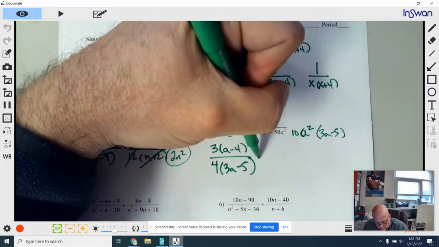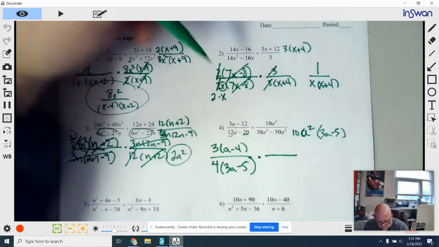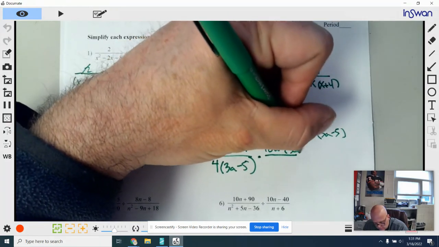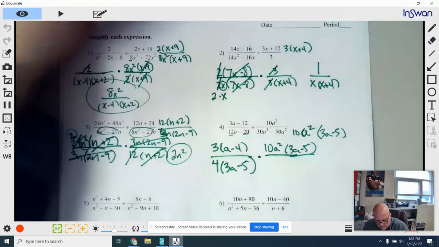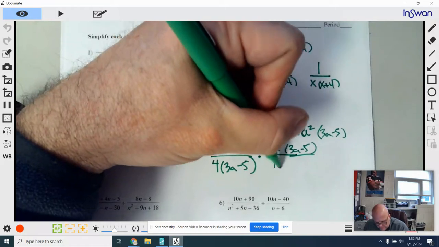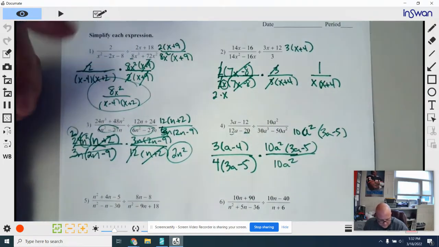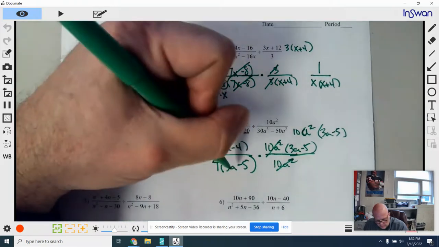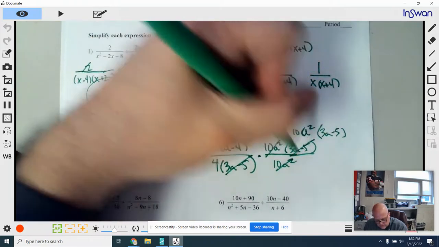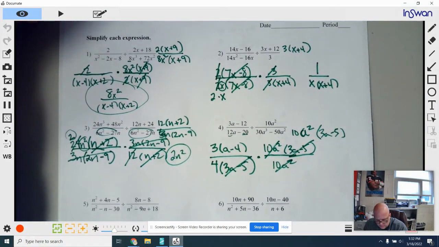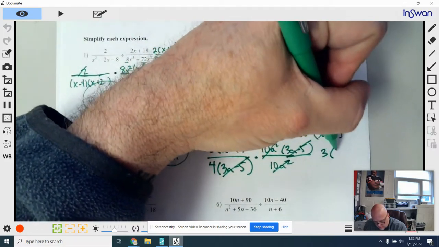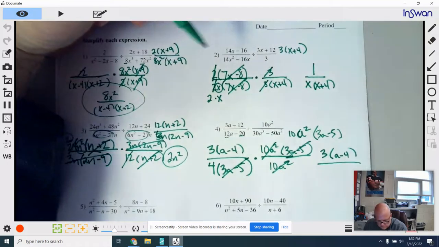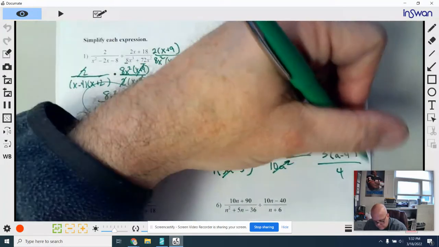So keep, change, flip. 10a squared times 3a minus 5. And then on the bottom, 10a squared. So those 10a squareds cancel completely. 3a minus 5 cancels. And that's it. So I've got 3 times a minus 4 over 4.